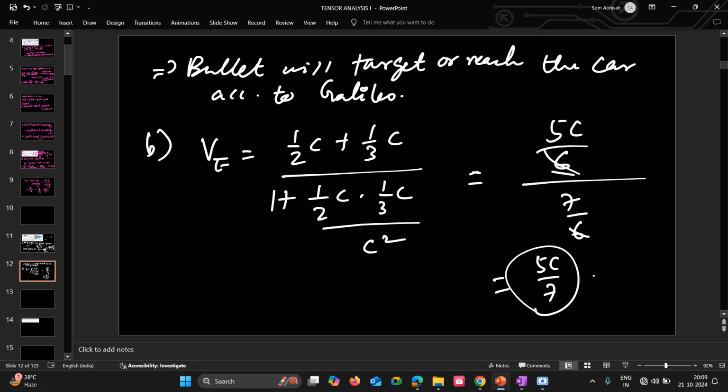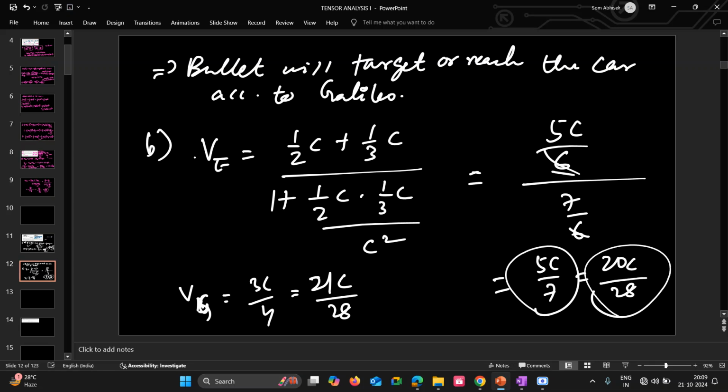5c by 7. The velocity of the bullet is 5c by 7, and the velocity of the getaway car is 3c by 4. Let's equate them. If I multiply by 7 here to equate the denominator, we get 4 here. So this is less.